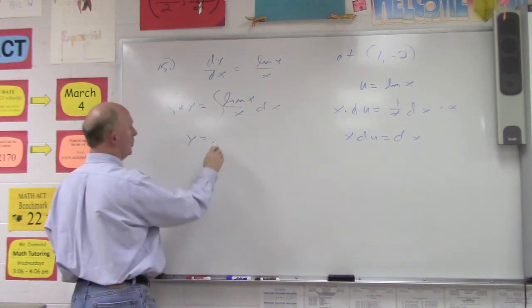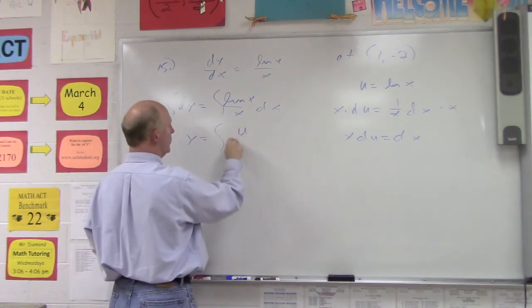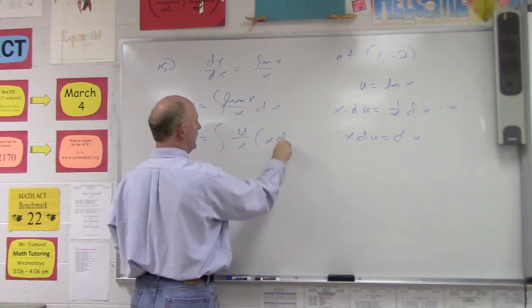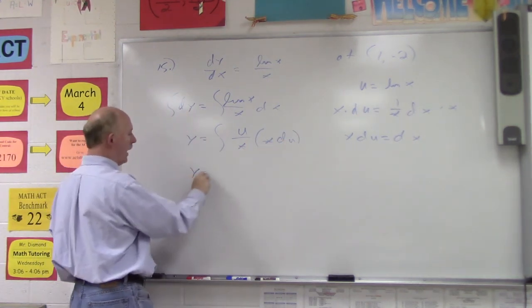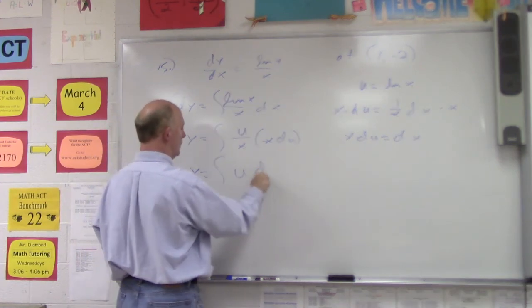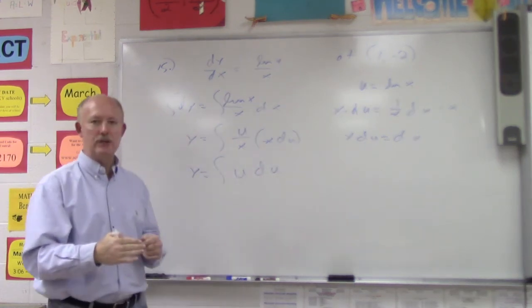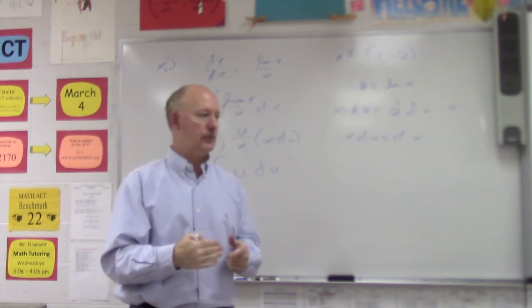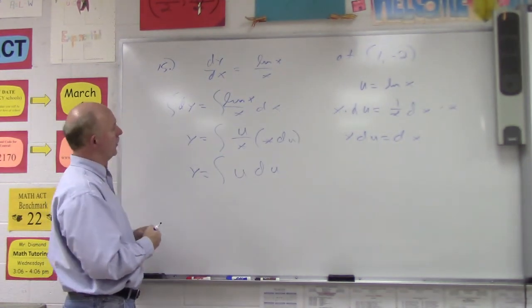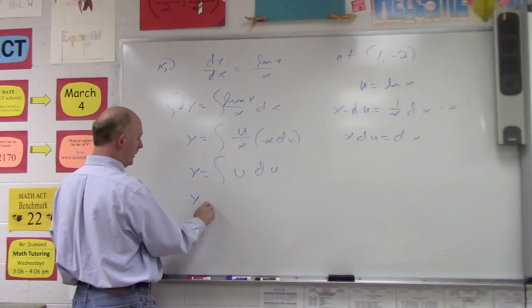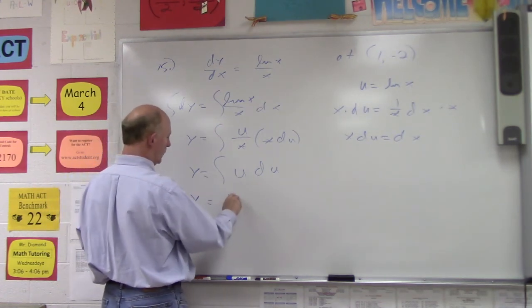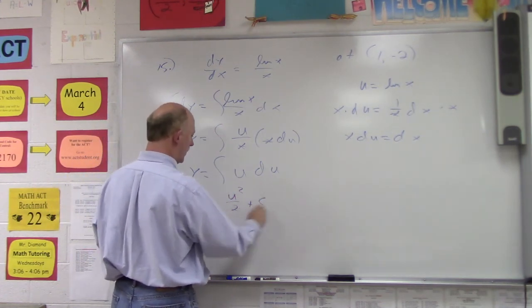So let's make our substitution. This will be the integral of u over x times x du. The x's cancel out, and we have y equals the integral of u du. Now u du is not a natural log, but we can go ahead and get our antiderivative: y equals u squared over 2 plus c.